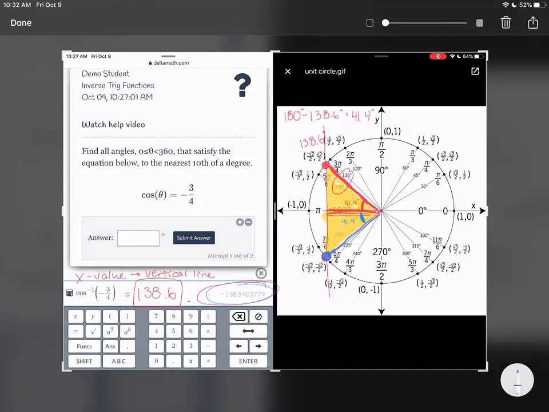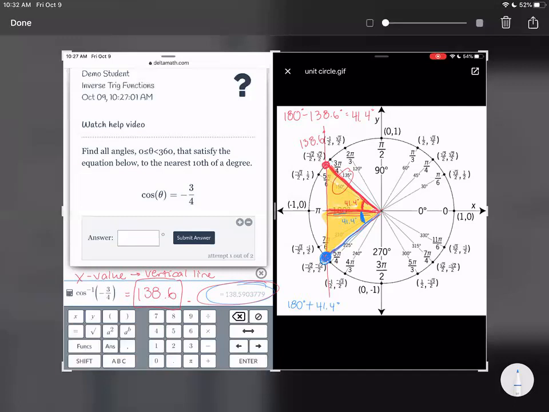We know that this angle on the bottom is 41.4 also, because they're congruent triangles. And so to get to our blue point, we're going to start with the 180 and then go further by 41.4. So 180 plus 41.4.